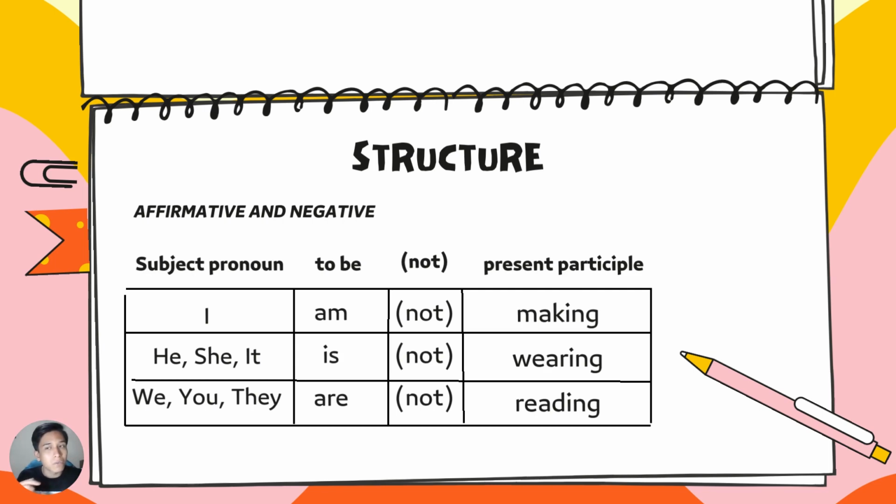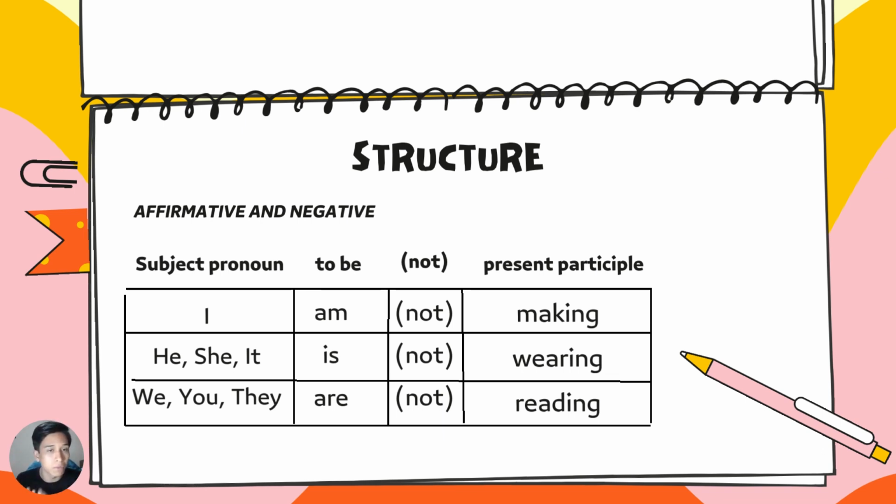We will talk about how we form a present participle of a verb in the next slide. When we want to make a negative sentence, we have to add not between the verb to be and the present participle of a verb.